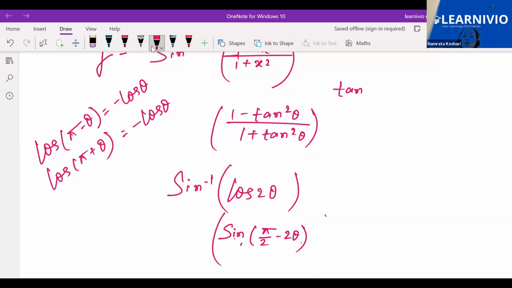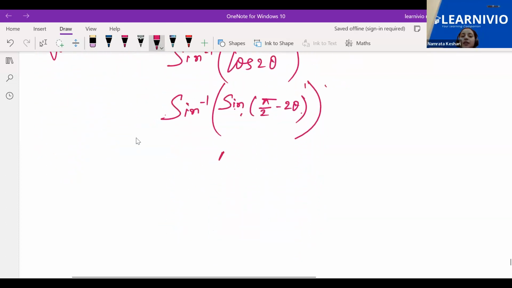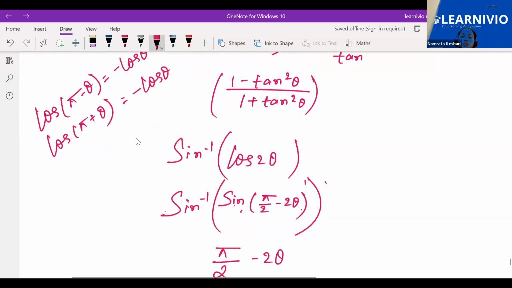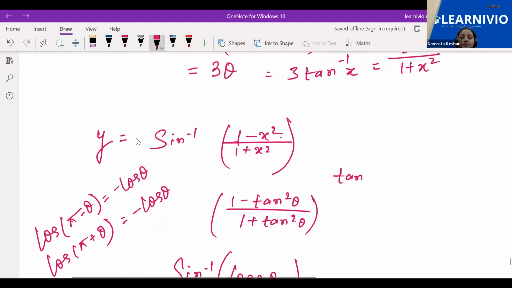So in place of cos theta, we can write sine of pi by 2 minus theta. Why are we doing so? Because we have sine inverse here. Now sine inverse and sine neutralize each other, and we end up with pi by 2 minus 2 theta. What is theta? Tan inverse x.